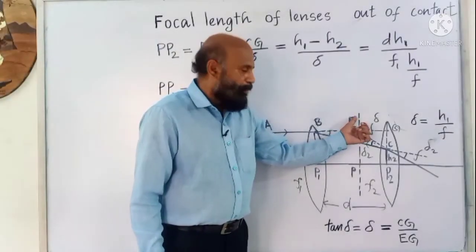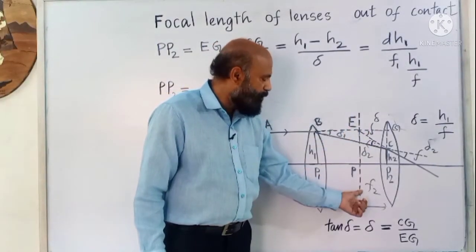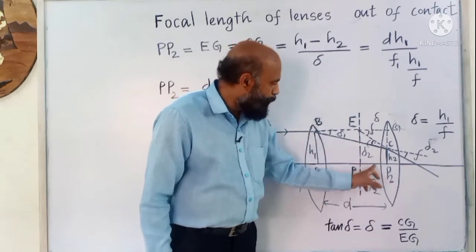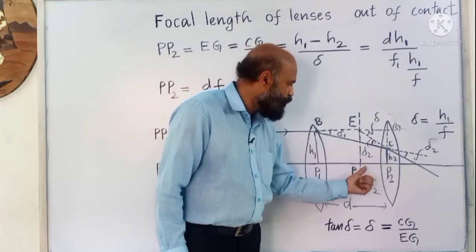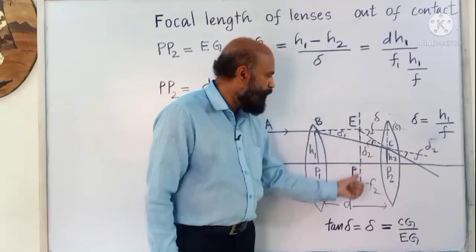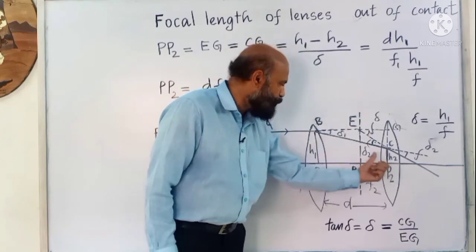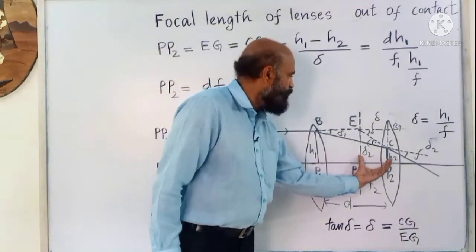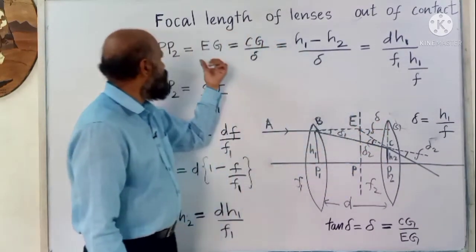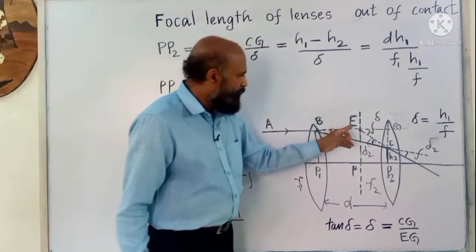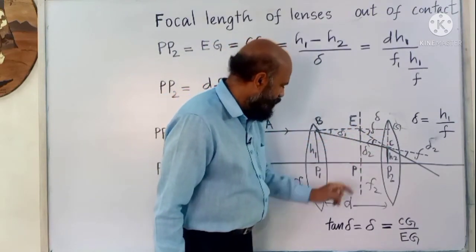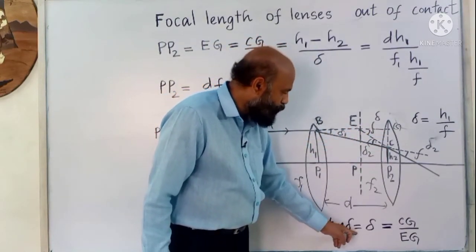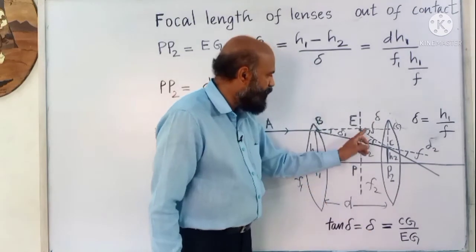To find the position of the effective lens, we have to get P2. This is the distance of the effective lens from the second lens, PP2. PP2 is equal to EG. But in this triangle, tan delta is approximately equal to delta because the delta is very small.